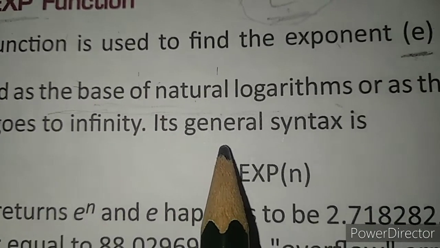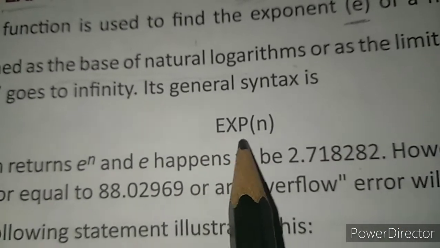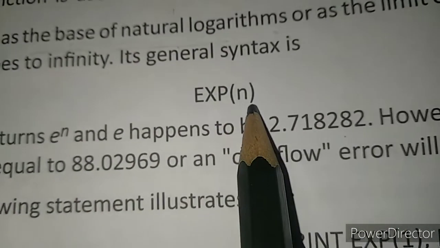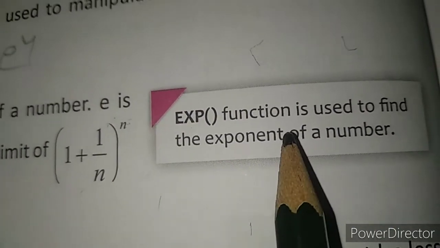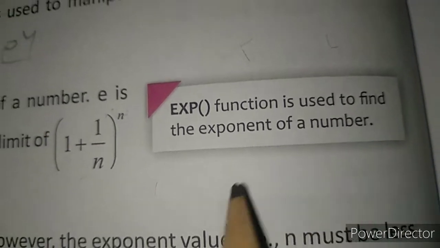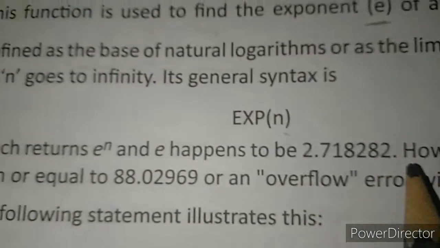Its general syntax is exp(n), whatever you write will be the power of e. Exp function is used to find the exponent of a number, which returns e raised to the power n.